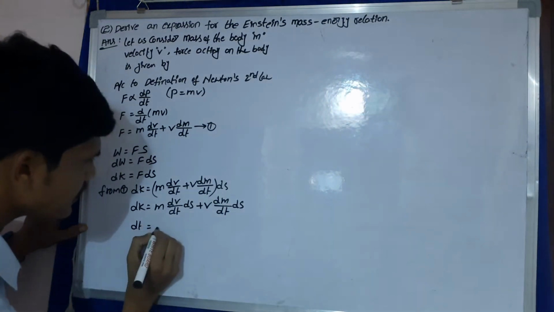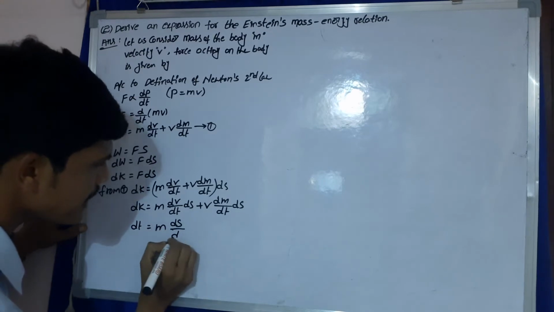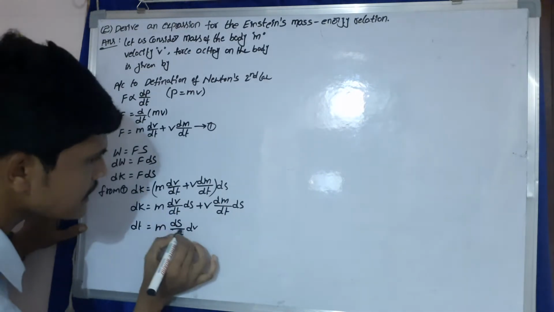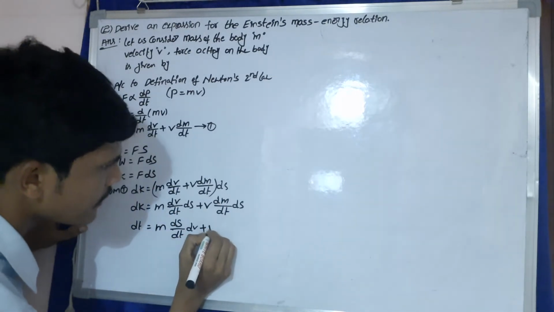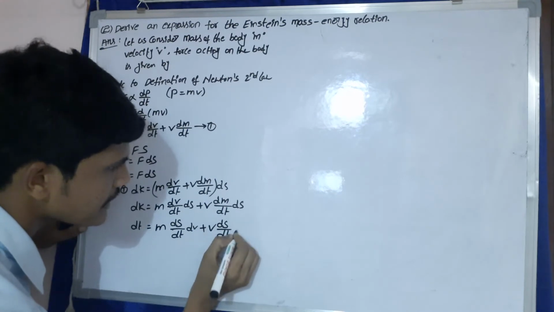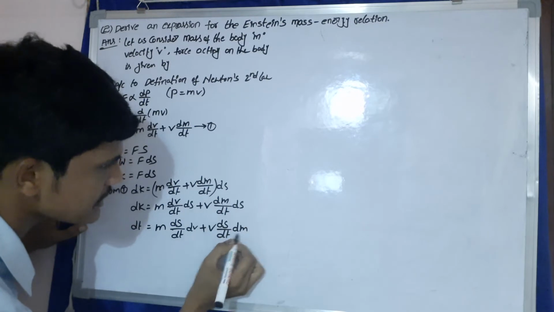So these terms are exchanged: ds by dt into dv, so m dv ds by dt dv, plus v into ds by dt into dm, exchanged, dm.